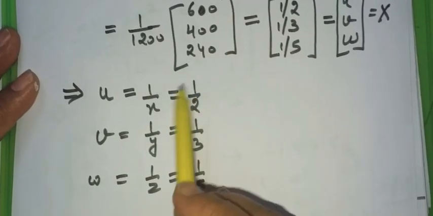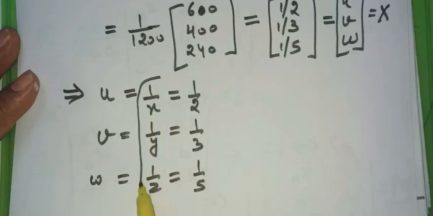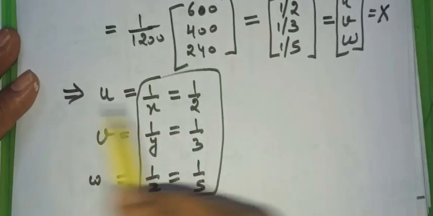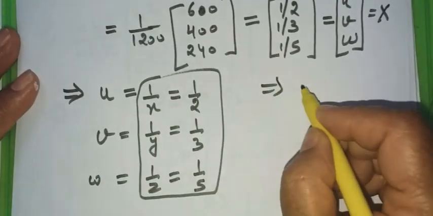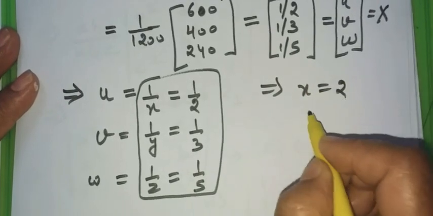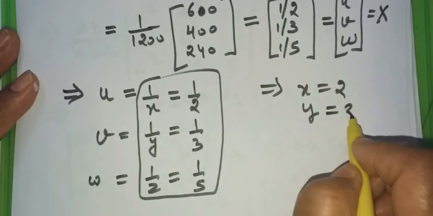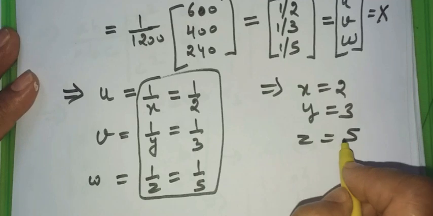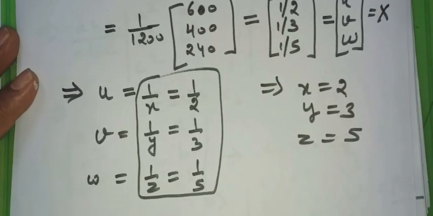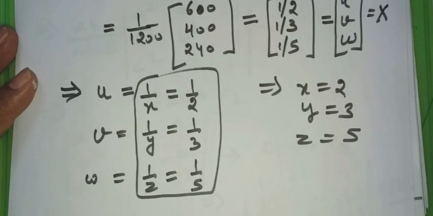So now you can compare the values with X, Y and Z, and you will get X to be 2, Y to be 3, and Z to be 5. So you got the unique solution of the given system of equations.